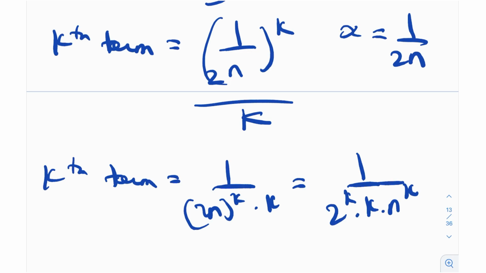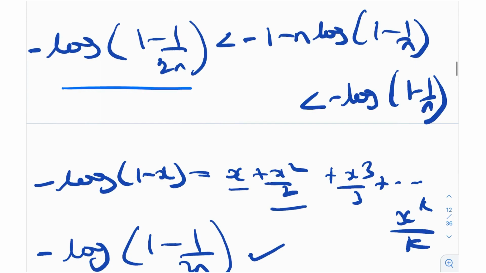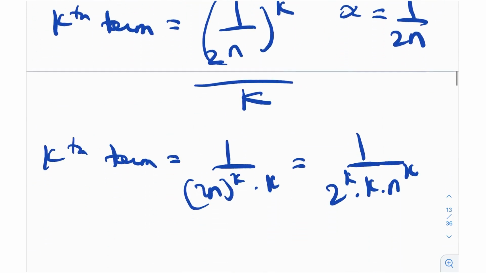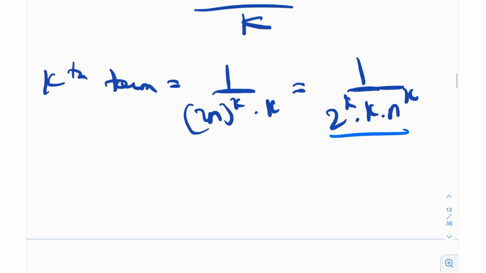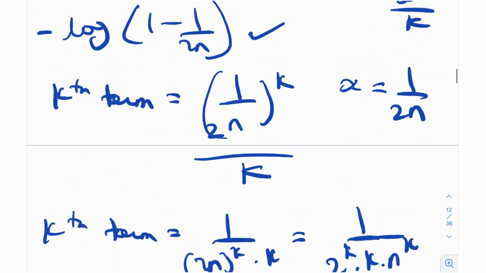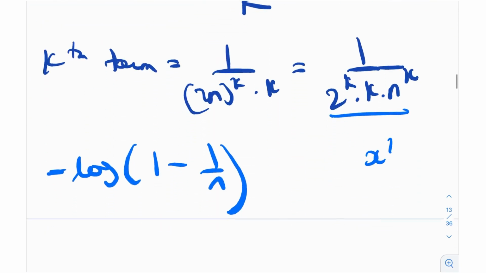So effectively I can write the kth term of its expansion essentially. Okay, great. Now similarly, using a similar idea, can I write the kth term of this thing? Remember, the kth term was x raised to the power k by k.